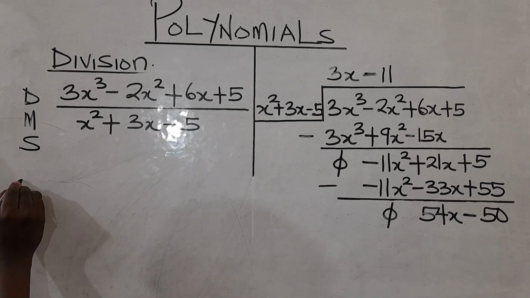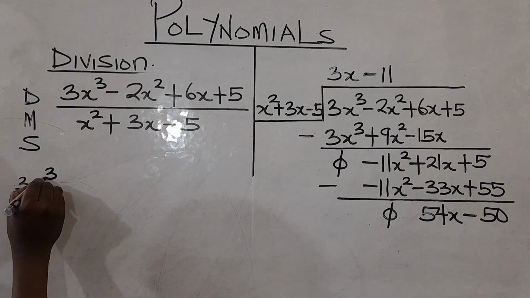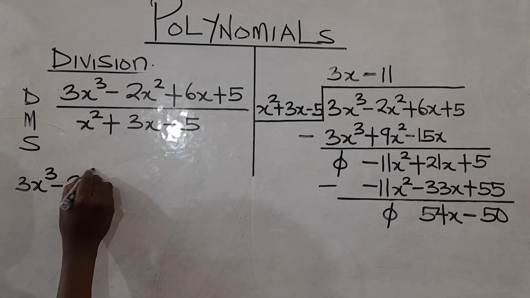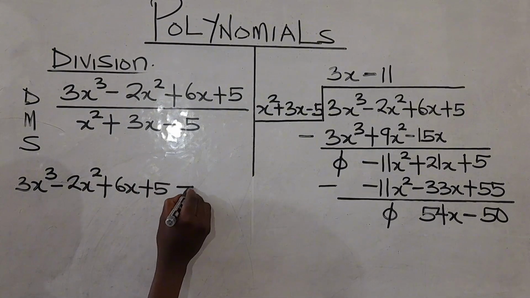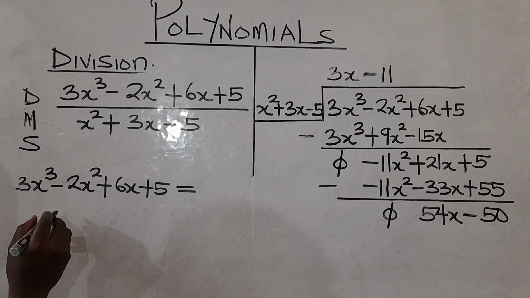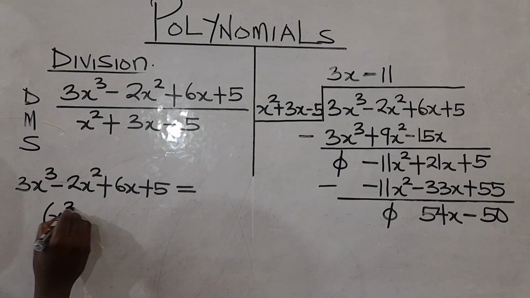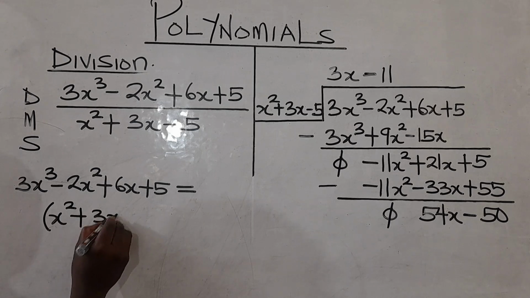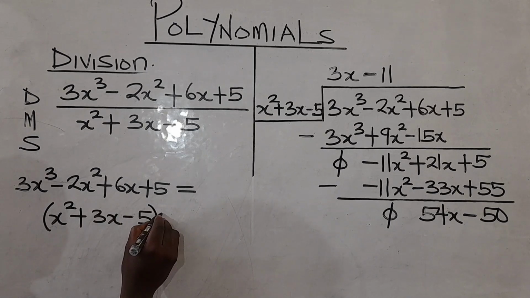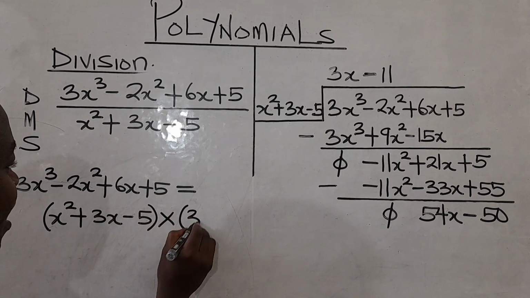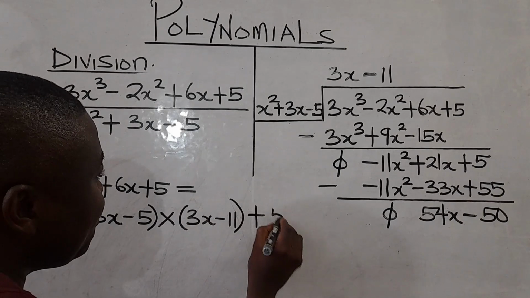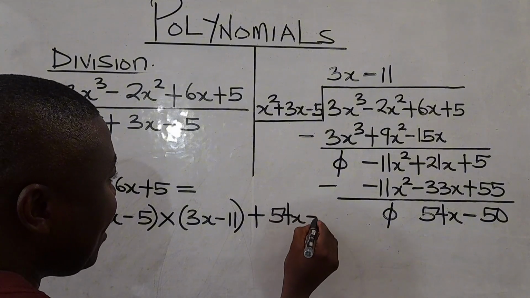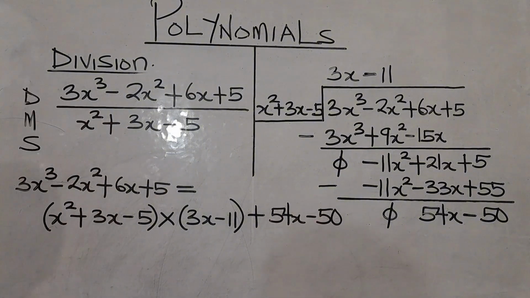This is 3x cubed minus 2x squared plus 6x plus 5 is equal to x squared plus 3x minus 5 times 3x minus 11, sorry, plus 54x minus 50. We have now rearranged it. This is what it is.